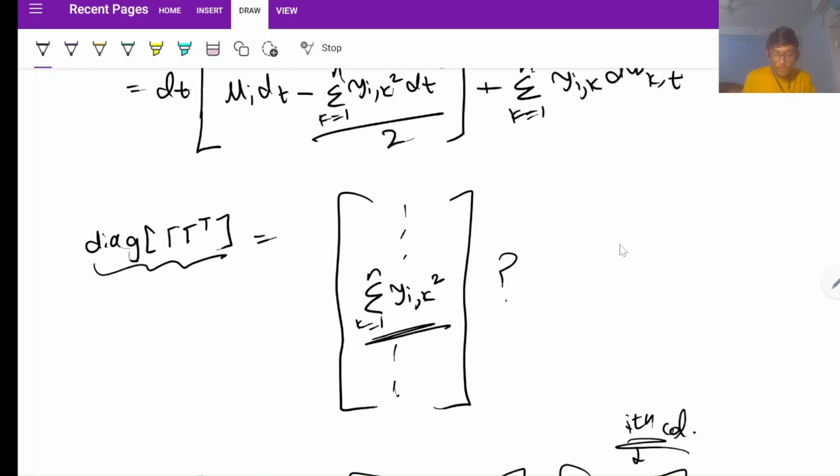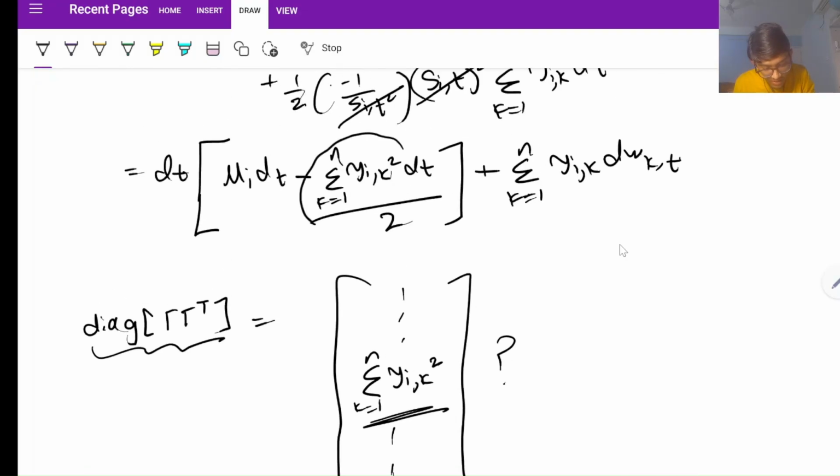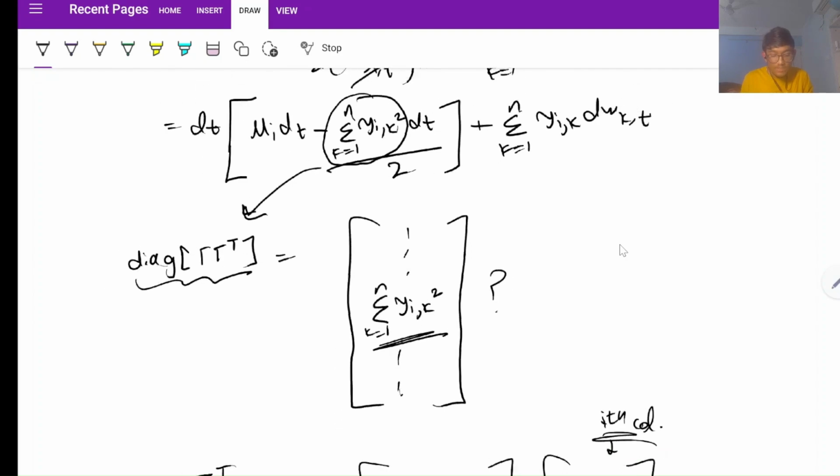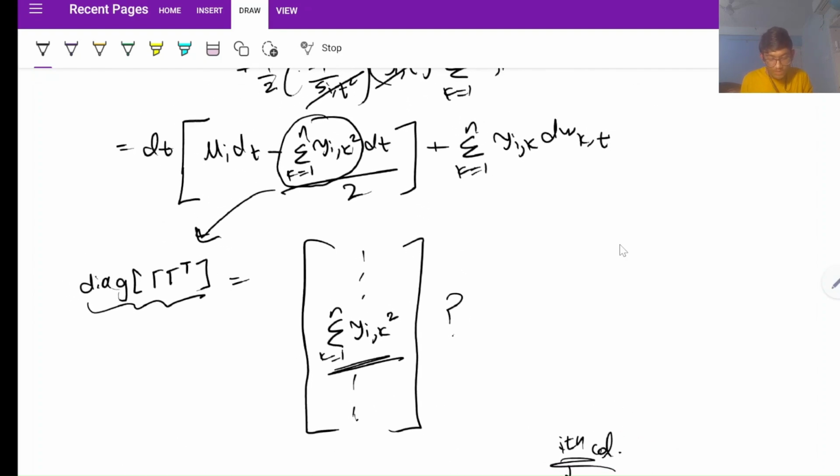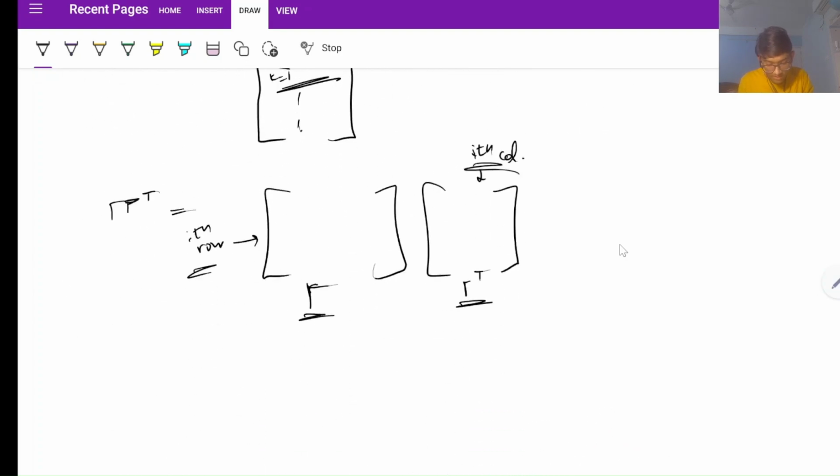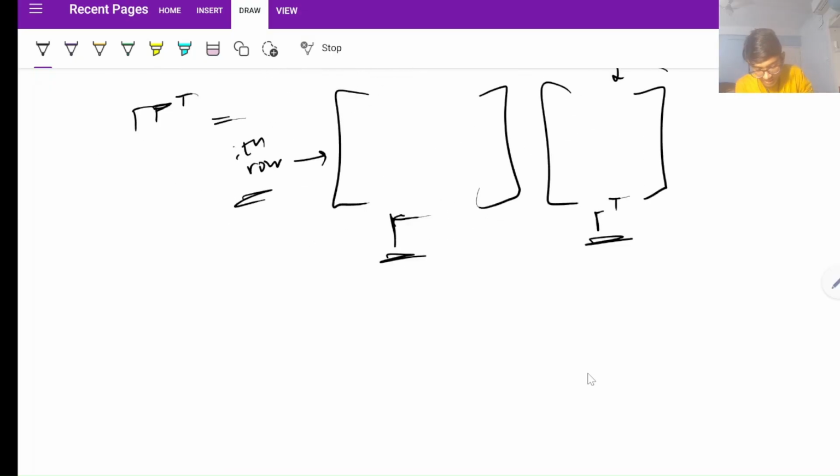So we could just replace this term right over here, the summation of gamma_{i,k} square, where k is from 1 till n, with this term right over here. This helps us compress everything, because then you could write your df something like this. So one can now write conveniently what the df would be. Well, df, or actually d log S_t, right?